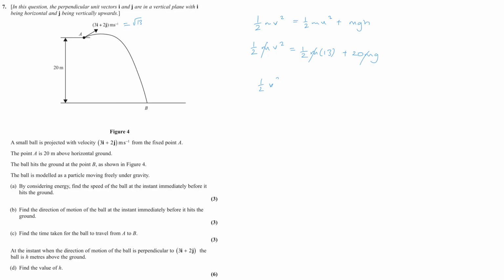So half v squared equals, now half of 13 plus 20g, so 20 times 9.8 is 196, so it's 13 over 2 plus 196. 405 over 2 equals half v squared. V squared equals 405.